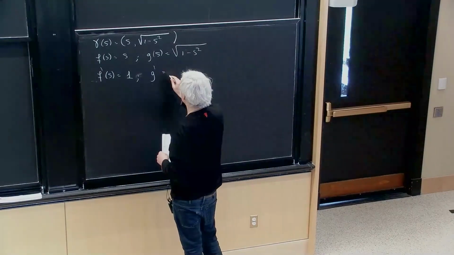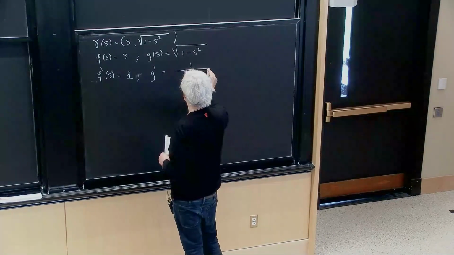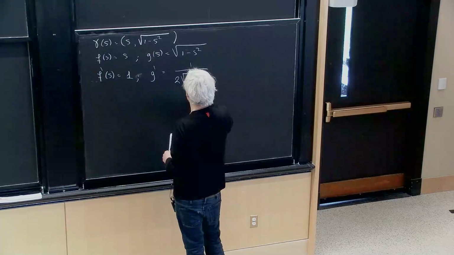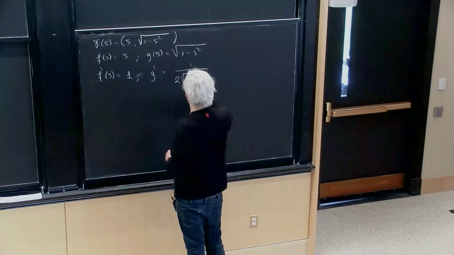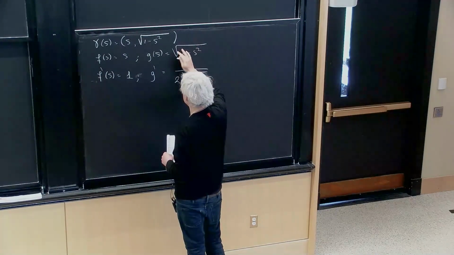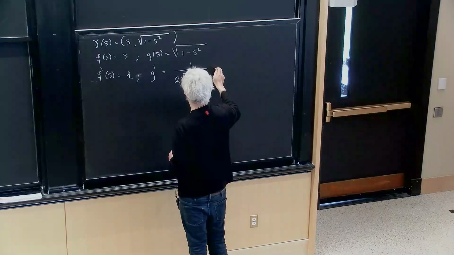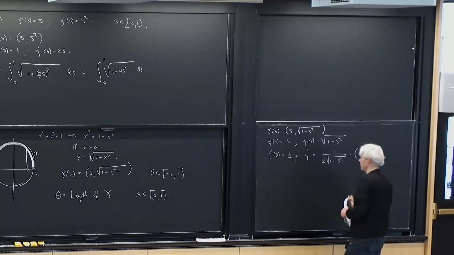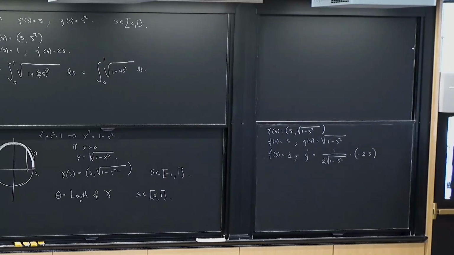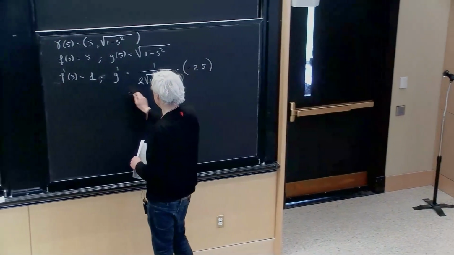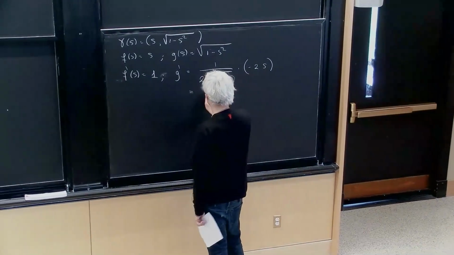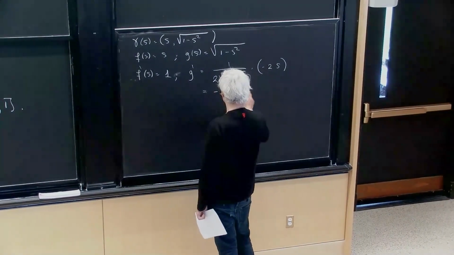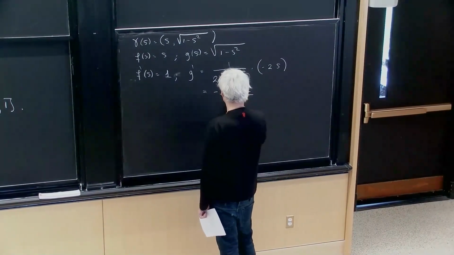So this is equal to 1 over 2 square root of 1 minus s squared, times the derivative of the inside, which is minus 2s. And so the 2 cancels, and you're getting minus s over the square root of 1 minus s squared.